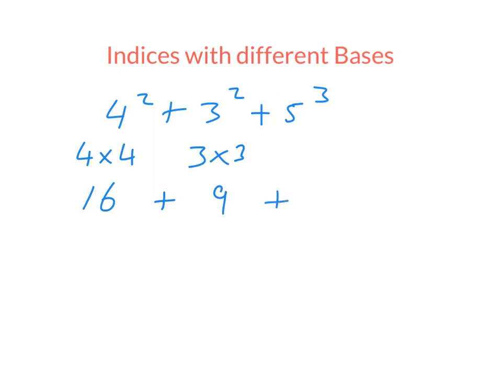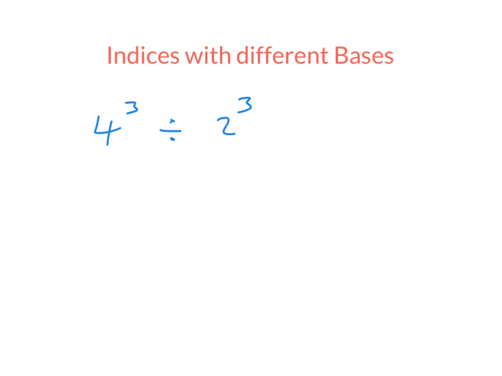And then to this we're going to have to add 5 times 5 times 5, which is 5 cubed, or 5 to the power of 3. That's 5 times 5 is 25, times 5 is 125. And now we can do our addition. 16 and 9 is 25, plus 125 gives us an answer of 150.